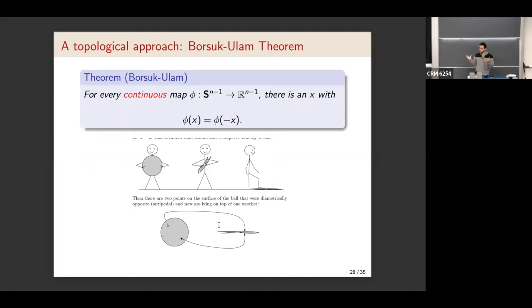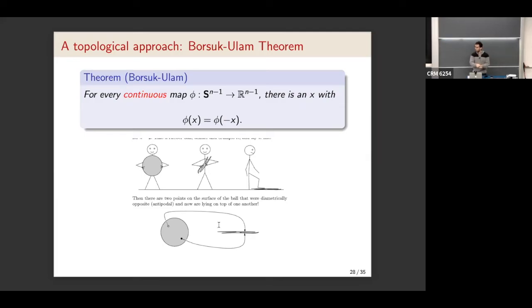If you take the sphere in R^n and map it to one dimension lower, R^(n-1), flatten it with a continuous map, then there will be two antipodal points that go to the same point. That picture is from Matoušek's book, which is a great book on these applications. Someone holds a ball and crushes it onto the ground, and the theorem says there will be two antipodal points on the ball that land on top of each other.